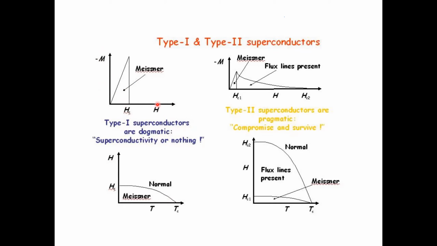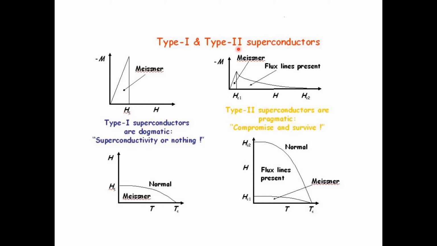And the applied magnetic field H has to be not much, so it has to be below a certain critical HC right here. And then you use this to plot versus T. So if H is below HC and T is below TC, that material acts like a superconductor. But if T is larger than TC and H is larger than HC, that material becomes a normal metal again, or just has normal properties.